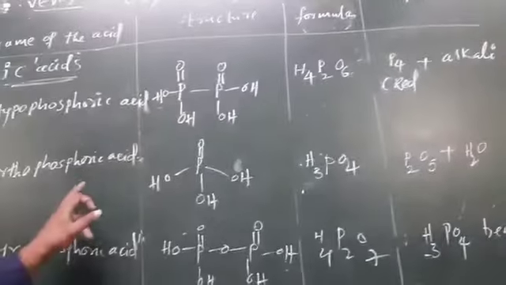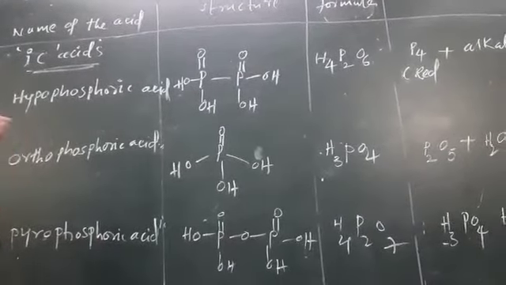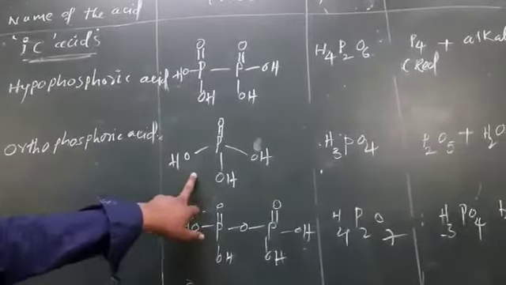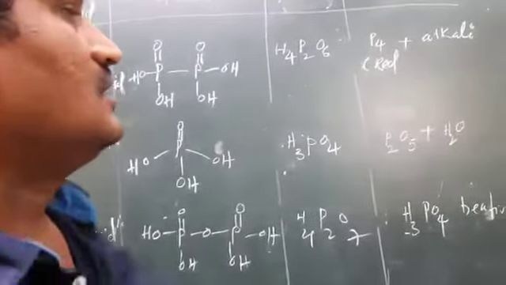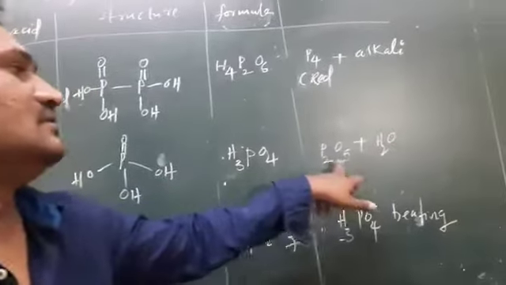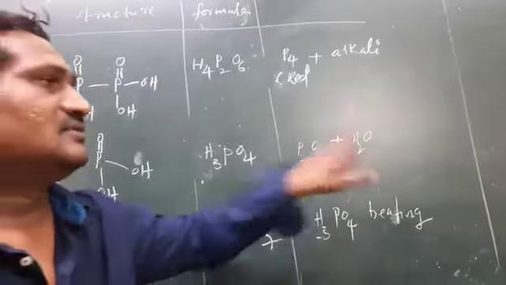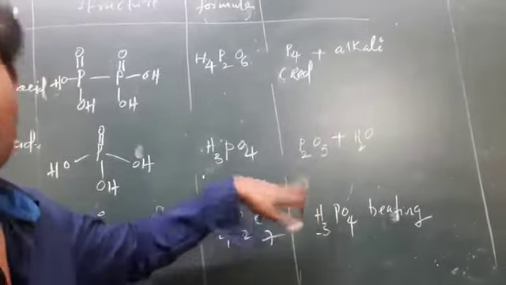Next, orthophosphoric acid, generally called phosphoric acid. Its structure has 3 POH bonds and one P double bond O. It is formed by the reaction of phosphorus pentoxide with water, or phosphorus pentachloride with water.